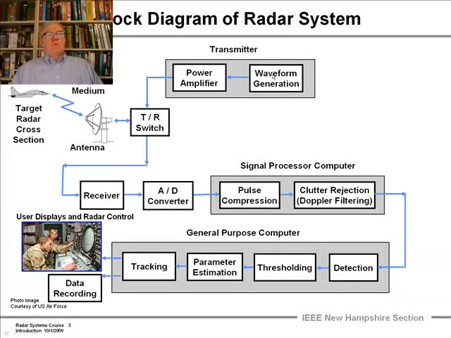The first one is the waveform generator, where the waveform is generated. You know, the sinusoidal waveform, in the microwave region, but of low amplitude. Then the signal is sent to a power amplifier, which will amplify the signal and give it the strength to go out and detect a target that's very, very far away.